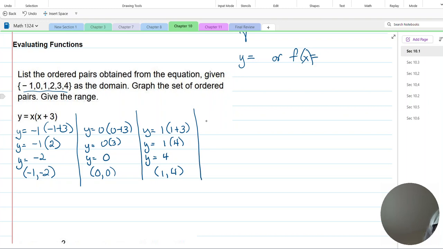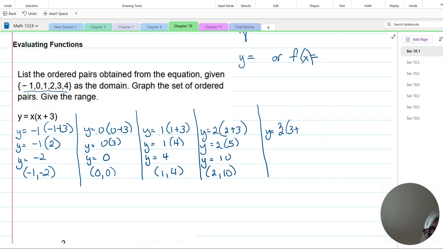So now I'm doing the next one, and the next one is a 2. Y equals 2(2 + 3). 2 times 5 is going to be 10. Now I'm to my next. See, here's the 1, the 2, the 0, -1. Y equals 3(3 + 3).